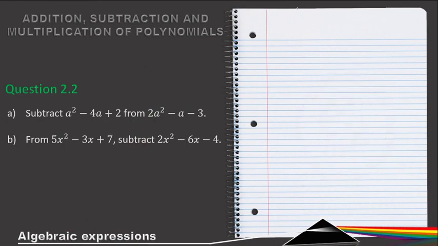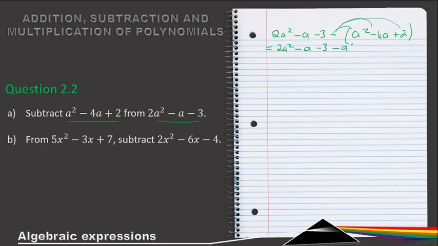Okay, so for question 2.2, subtract this expression from this expression. So I say 2a squared minus a minus 3, and then I subtract from it a squared minus 4a plus 2. Very important that you put your brackets. Then we have 2a squared minus a minus 3. So when I take the minus to each and every term, I just simply change my signs.